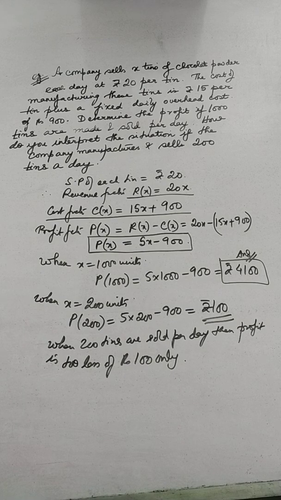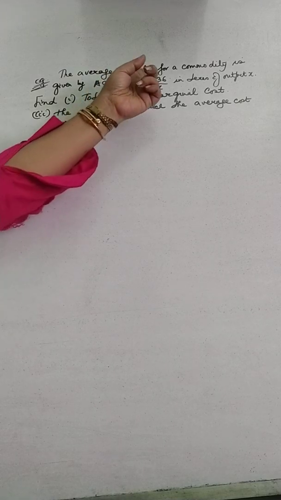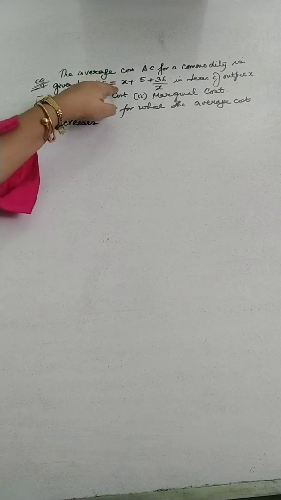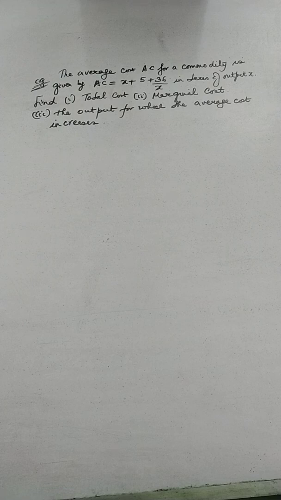This is the next question. I'm reading it out. The average cost AC for a commodity is given by AC is equal to x plus 5 plus 36 by x, in terms of output x.